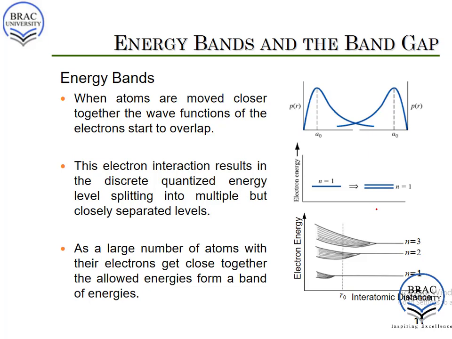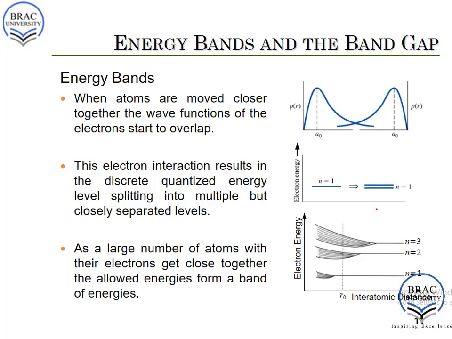Previously we have seen that the 1s orbital of an atom has a quantized energy level, but when 2 atoms interact with each other, there is no longer one discrete energy level for both the electrons. Previously, for a hydrogen atom, there was only one allowed energy level for the 1s orbital, but for a hydrogen molecule where there are 2 hydrogen atoms, there are actually 2 allowed energy levels for the 1s orbital.